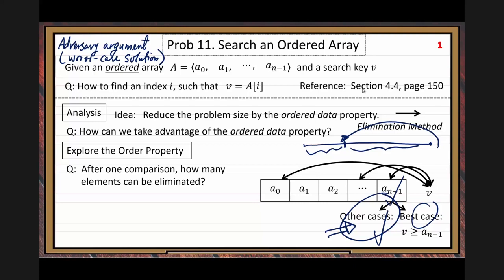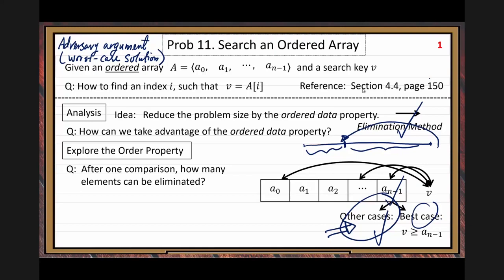The adversary definitely will pick the longest line segment, because in that way you have to do more work. So if you split the line segment into two uneven subarrays, then it's easy for the adversary to just pick the larger subarray.